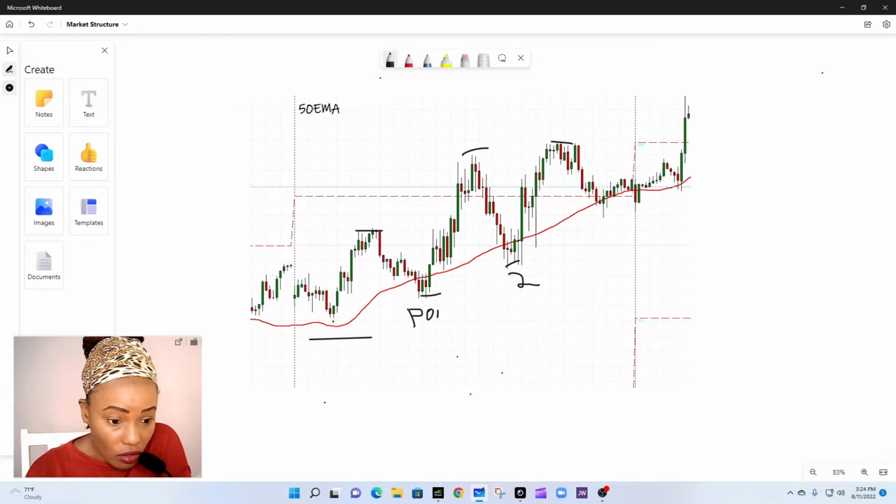You wait for the price which has come from a low to form a high. Then when it comes back down, you prepare to enter trades at discounted areas. Then price will push all the way to another higher high, which takes out the first high.